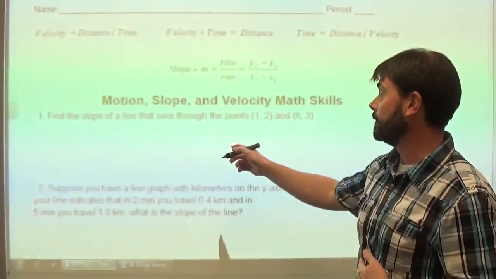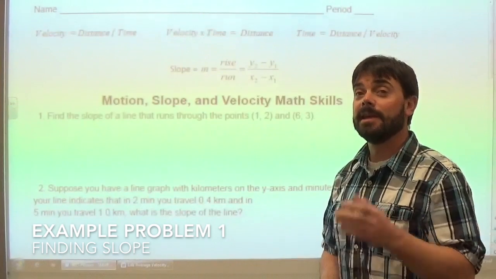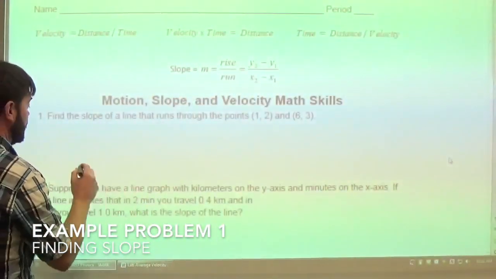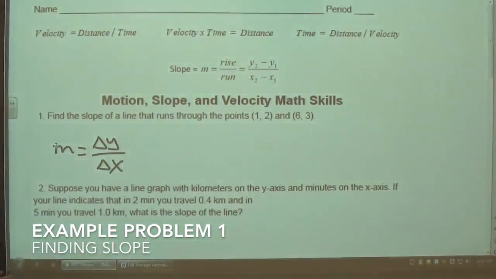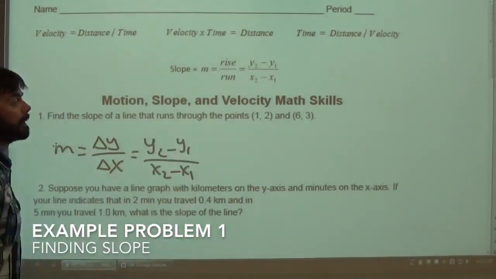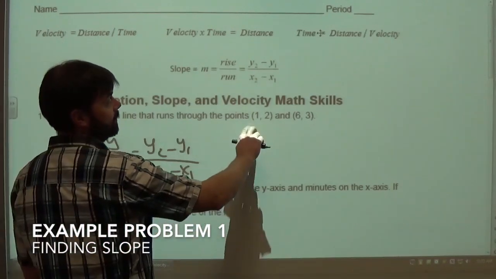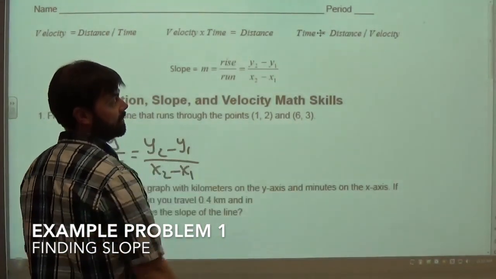So in the first example they're asking you to literally just calculate slope. The equation for slope, as listed above, looking at the ordered pairs that they give you, 1, 2 and 6, 3.